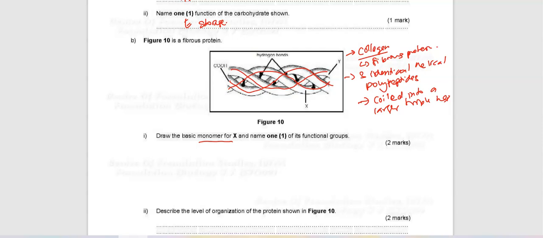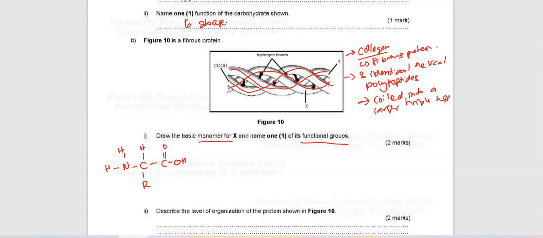You have the carbon that is bonded to hydrogen, and then you have the nitrogen, the amino group. The carbon is bonded to a side chain, and then you have the carbon that is bonded to the carboxylic acid. This is the basic monomer for protein.